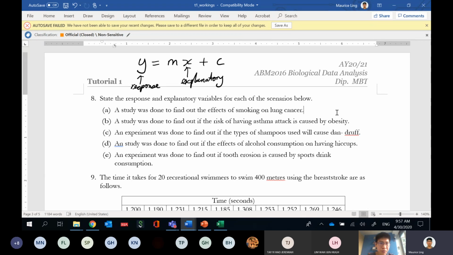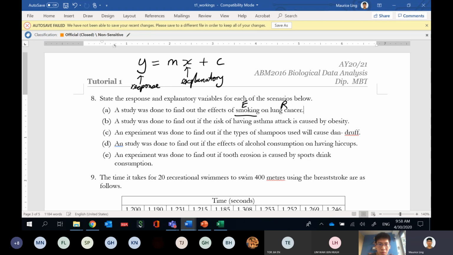Which one is the response for 8A? The explanatory would be the effects of smoking. Then the response will be lung cancer. Right. So smoking is the explanatory. The lung cancer is the response.